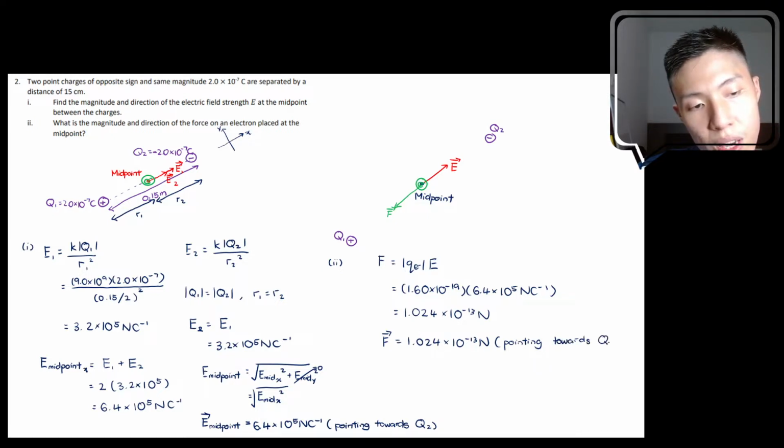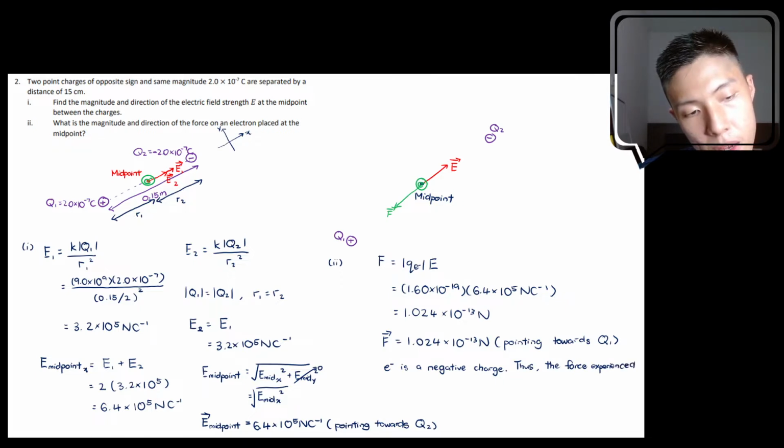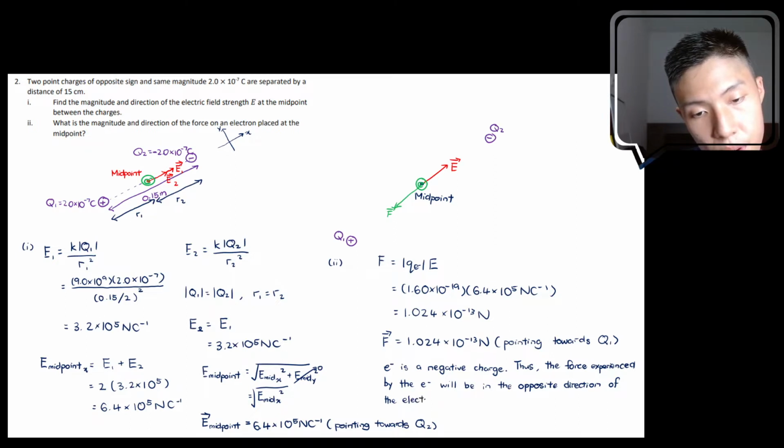If you are worried that you don't have any working to prove that it's pointing towards Q1, you can say: the electron is a negative charge, thus the force experienced by the electron will be in the opposite direction of the electric field E midpoint.